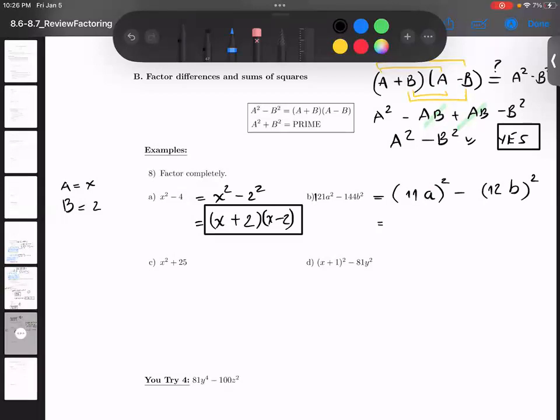All right, now you're going to establish what is your A and what is your B. This is my A, and this is my B. Let me use a different color. I'm going to use blue.